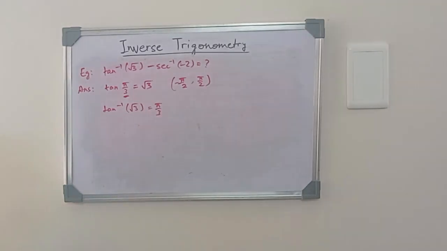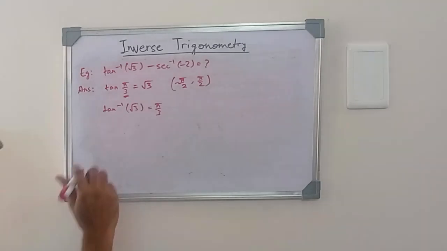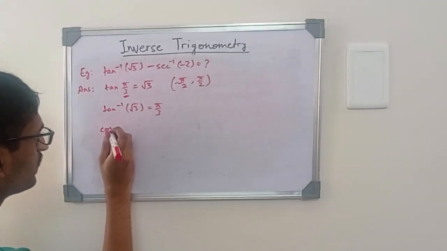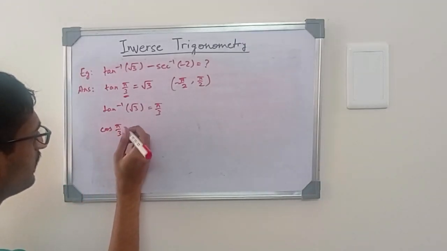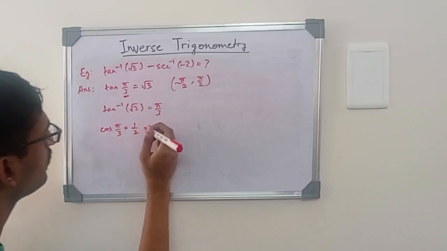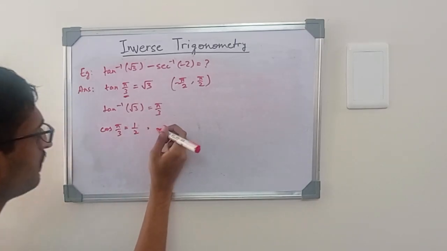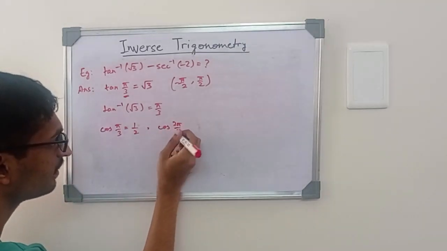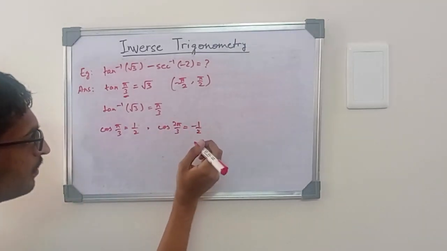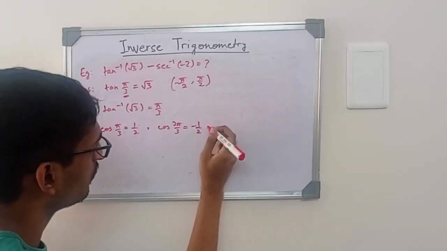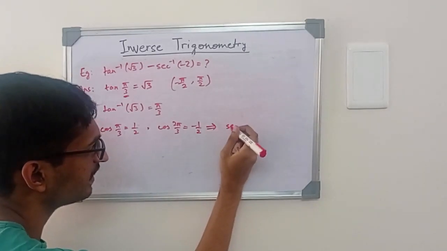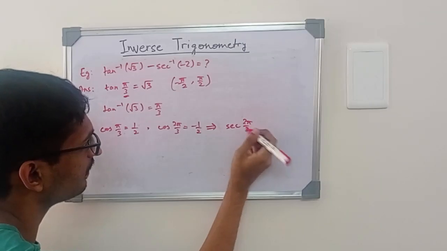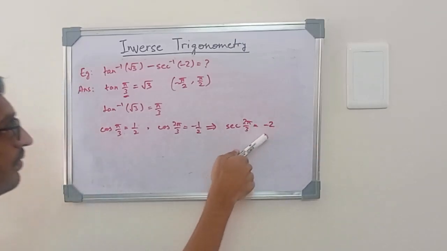And now for secant inverse, I think it will be easier to work with cos first. We already know that cos of pi by 3 is equal to half, and also, from the previous problem, cos of 2 pi by 3 is equal to minus half. This implies that secant of 2 pi by 3 is equal to minus 2.